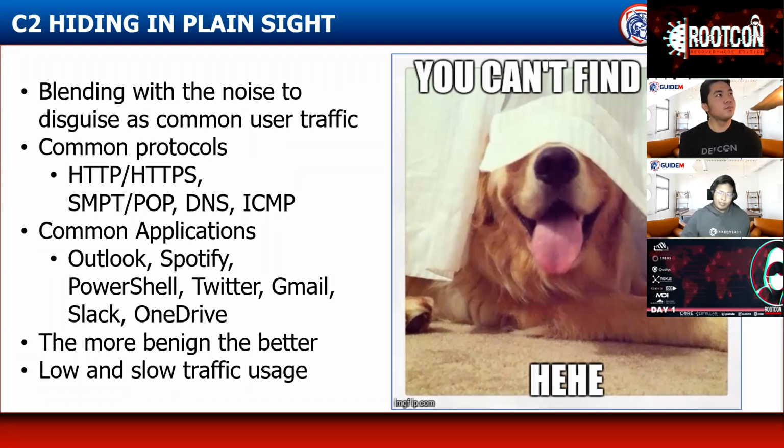Such as we have Outlook, we have seen APT groups use Twitter, Gmail, Slack, OneDrive as well. So the more benign, the better.